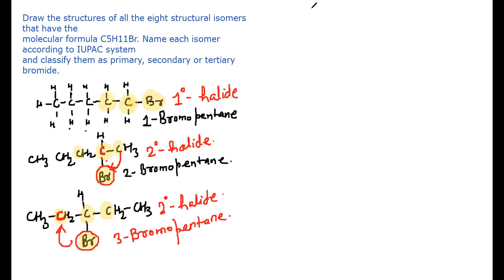The 5 carbon chain can be written as a 3 carbon chain plus 2 branches of methyl group, or it can also be a 4 carbon chain plus 1 methyl group. In 2 ways we can divide the 5 carbon atoms. So let us try the first one.